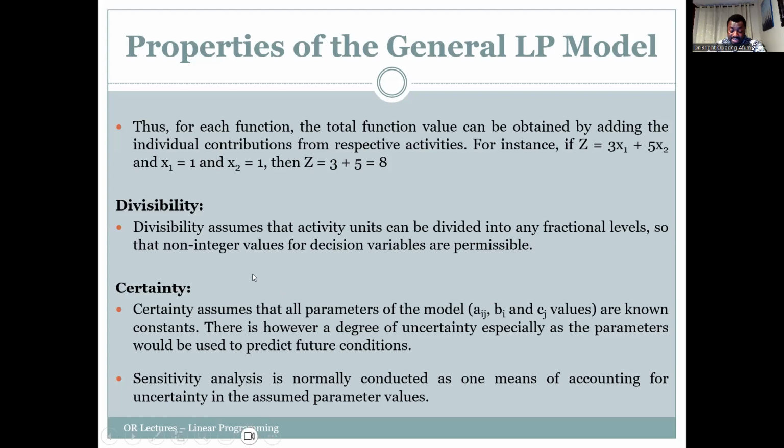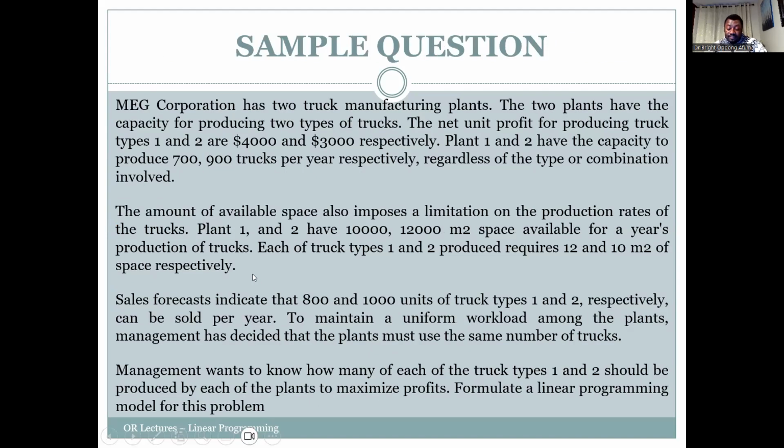All right, so by way of assignment, the students are challenged to solve this problem and to submit it per the instructions provided in the VLE. That's our visual learning environment. So Mer Company has 2 truck manufacturing plants. The 2 plants have the capacity for producing 2 types of trucks.